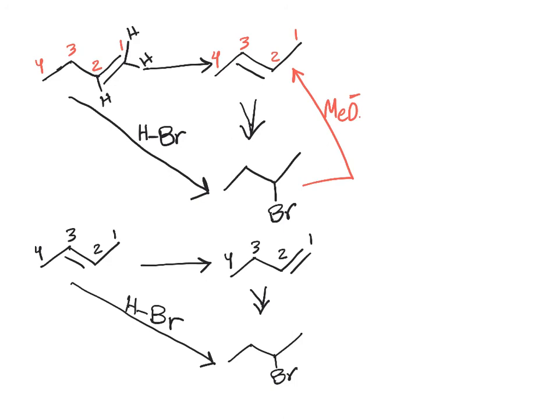Either if we use HBr or HBr and peroxide, we get the same product. And then from 2-bromobutane to 1-butene, this is the Hofmann product, the less substituted alkene, and we need a bulky base like tertiary butoxide.